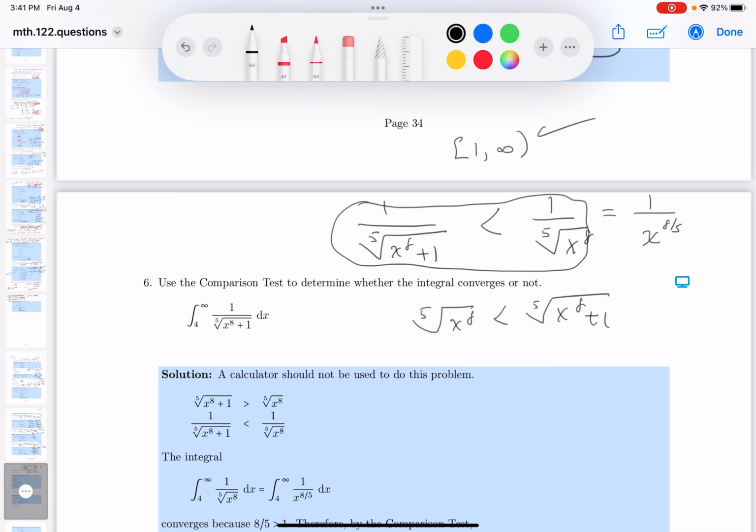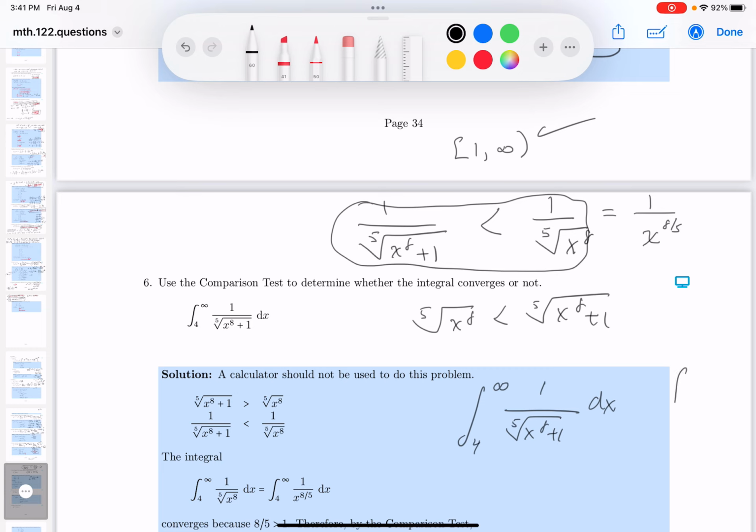So if this integral is going to work, I can compare it to another one. What do I know about this thing? Well, from 4 to infinity, that's contained in 1 to infinity. I'll write down the comparison now.